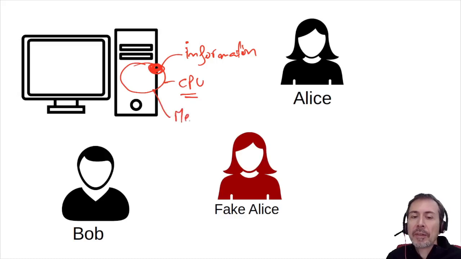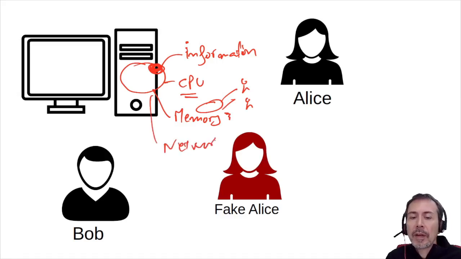Maybe the memory is something that needs to be protected, because perhaps some users have access to the memory and we don't want a user to occupy all the memory, leaving no memory for the other users. Maybe the network. All the resources of our computer must be protected.